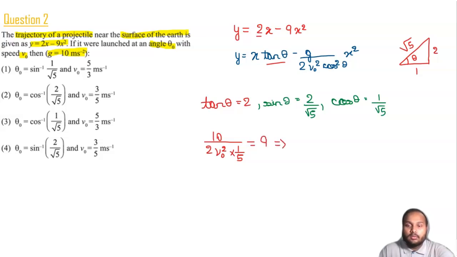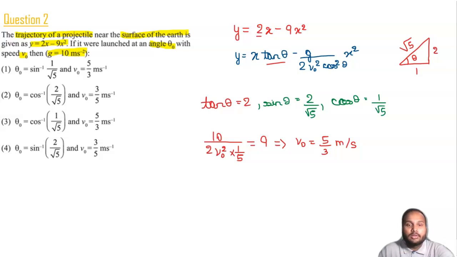If we solve this, we will get the value of v naught as 5 by 3 meter per second. So we have got the value of v naught and we have got the value of theta as well. Fine.